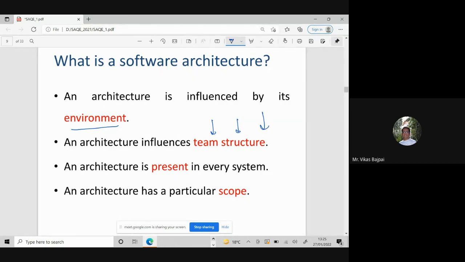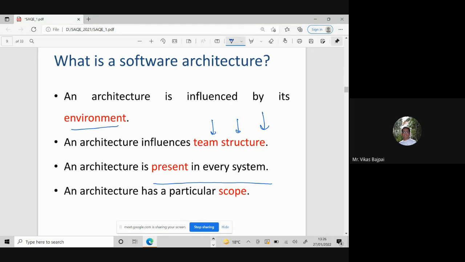Let's say if I have a standalone application, the architecture will be totally different. If I have a distributed system, my team will be different and the architecture will be different for a distributed system. And obviously the architecture is present in every system.